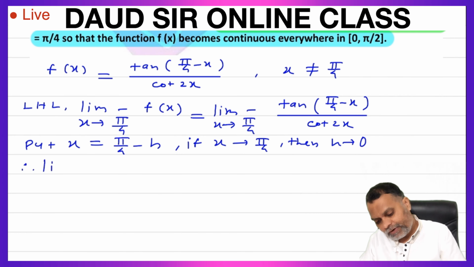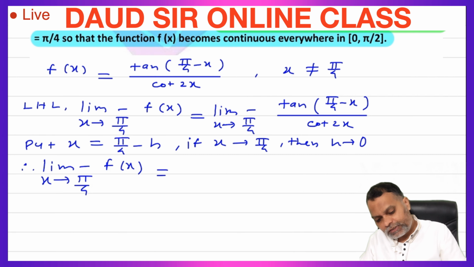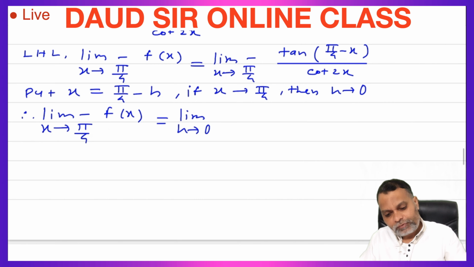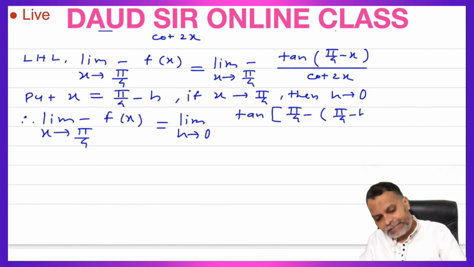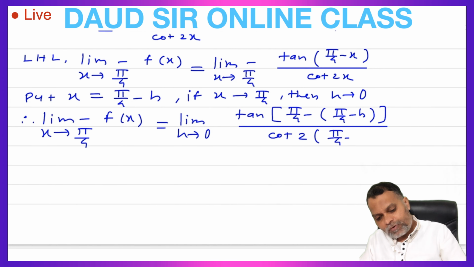Therefore the left hand limit will become limit x tends to pi by 4 minus of f of x is equal to limit h tends to 0 of tan of pi by 4 minus x, with x equal to pi by 4 minus h, upon cot 2x, with x equal to pi by 4 minus h. Simplify this.